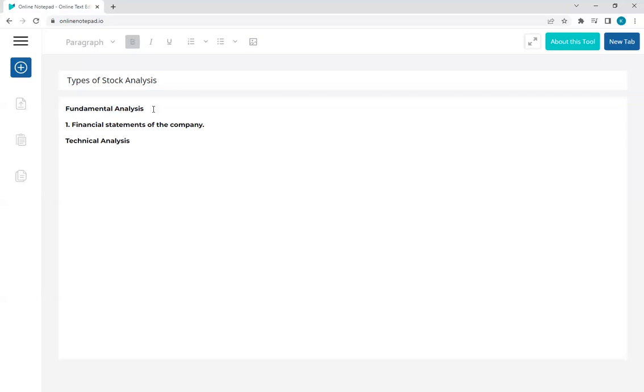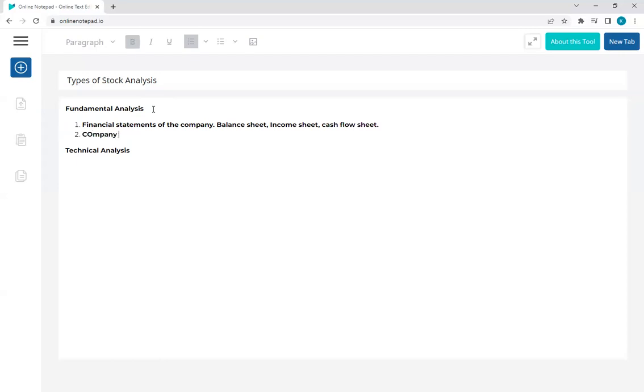In each report, the company provides financial statements, which include the balance sheet, income sheet, or cash flow sheet.